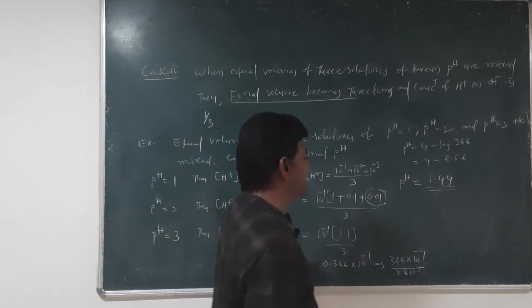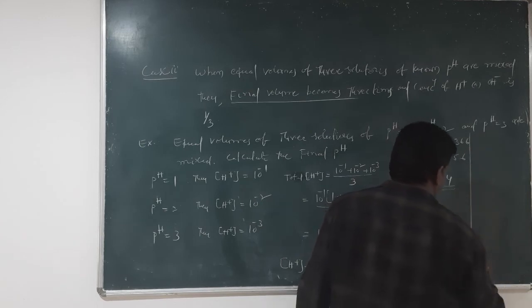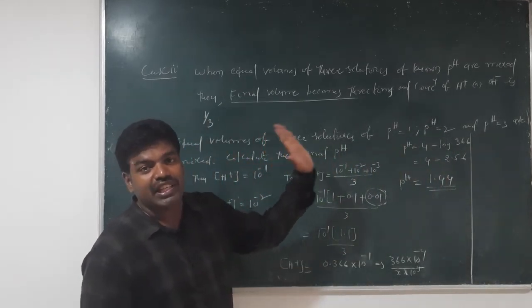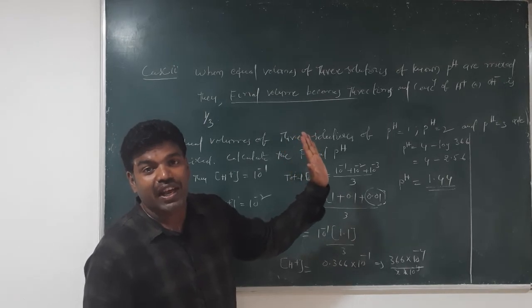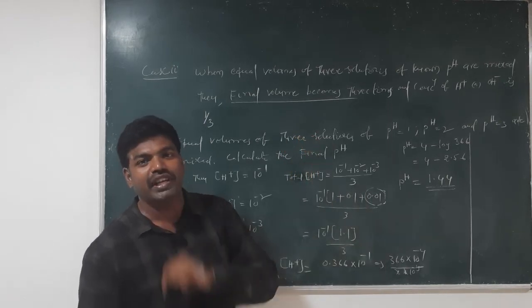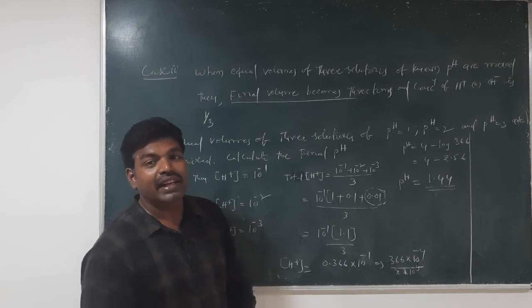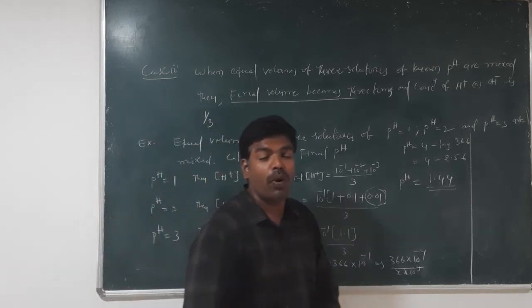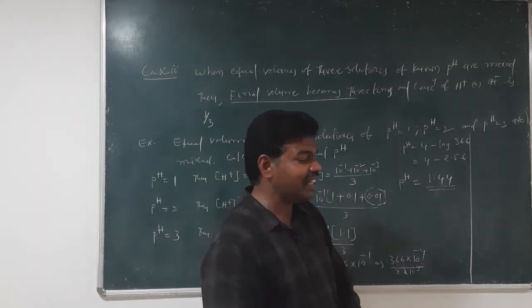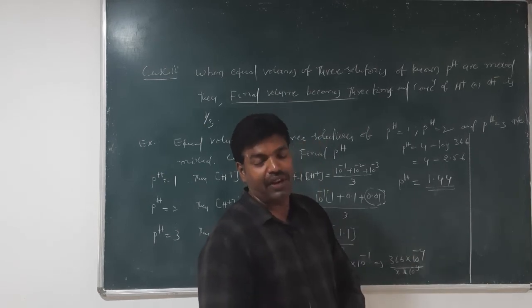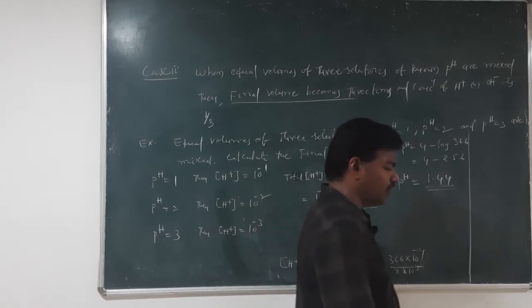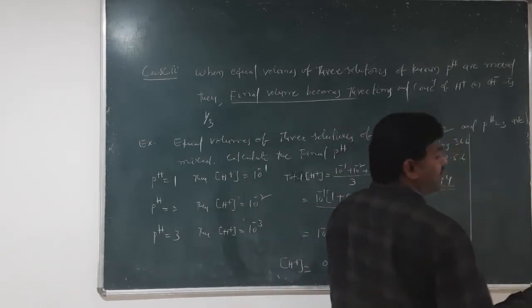So that shortcut is: when the given 3 pH values differ by 1 unit, then take the average and subtract 0.56 to get the exact final pH.